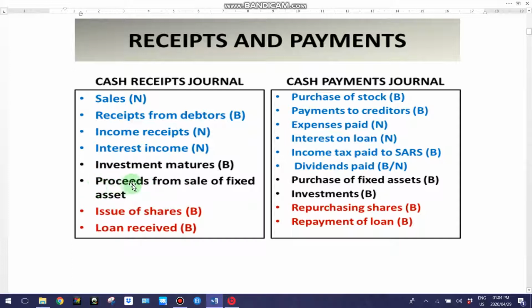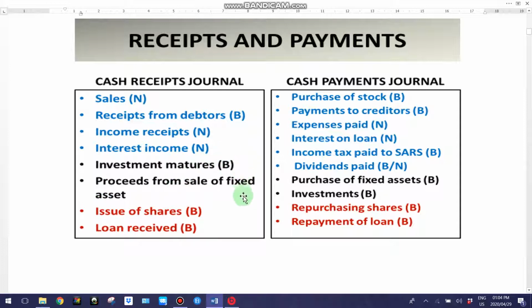How much did you sell that fixed asset for? So the proceeds will concentrate on the amount of money that you received from the sale of that fixed asset. Just be careful of this here now, because we are not talking about the actual asset disposal account that you have been doing. Okay, and that would, in black here, I've got the investment, that's your fixed deposit, and I've got something about the fixed assets.